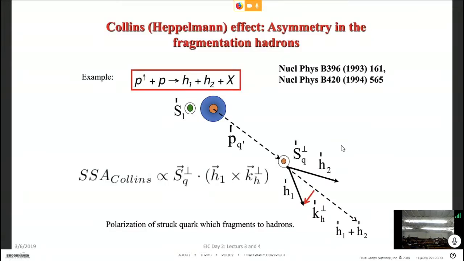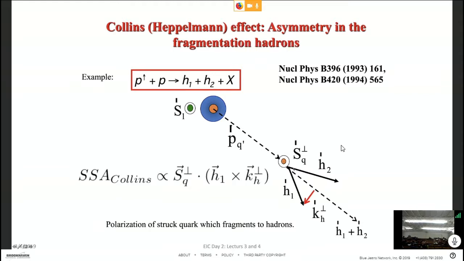So here is one way to get a left-right asymmetry. So here is the example. This is the proton. The spin is coming out and it hits the target, which is a proton with a transversely polarized target.